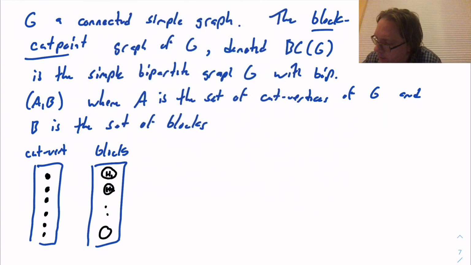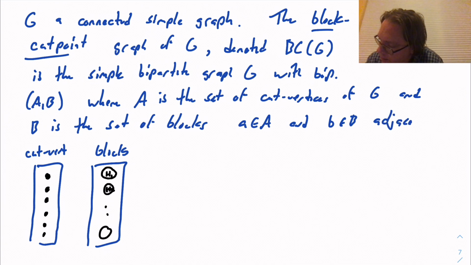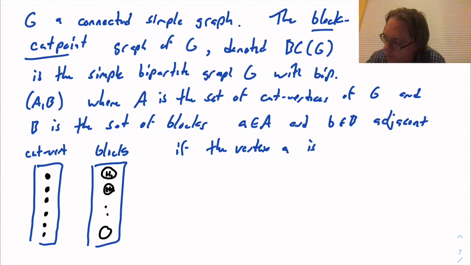So the rule is that of a cut point, I'll just say A in A and B in B are adjacent if in the original graph, A is a cut vertex of the original graph, and B is a subgraph of my original graph, that is a block, if and only if the vertex A is contained.